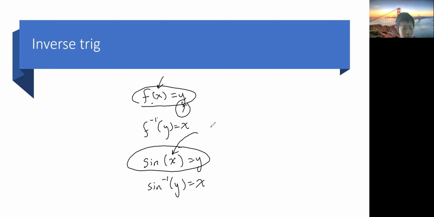By definition, we plug an angle into a sine function, and out comes the ratio, opposite over hypotenuse.